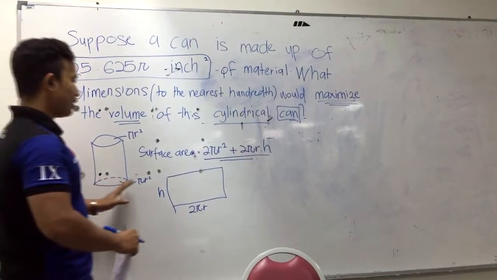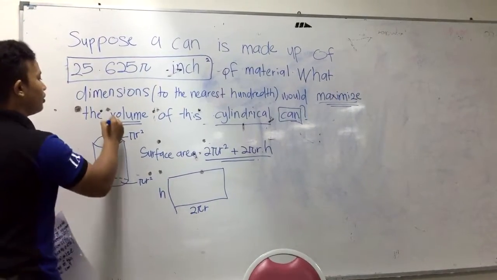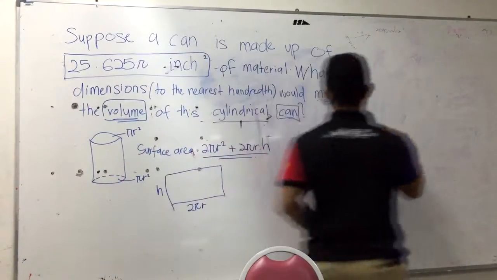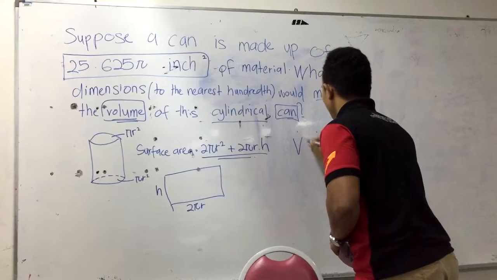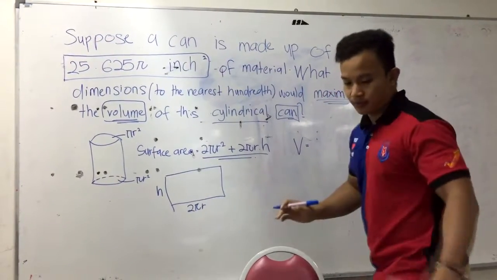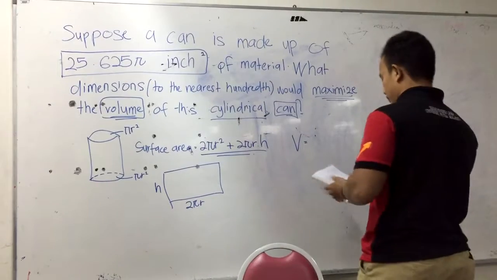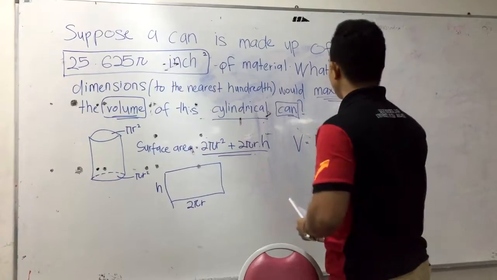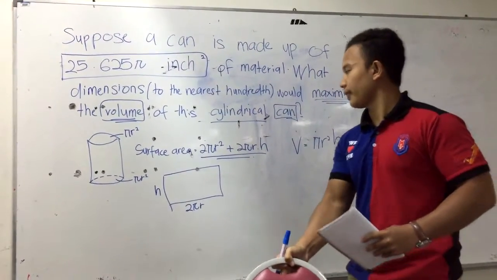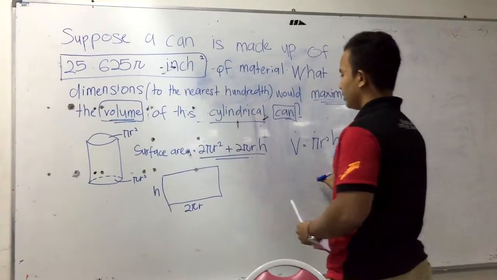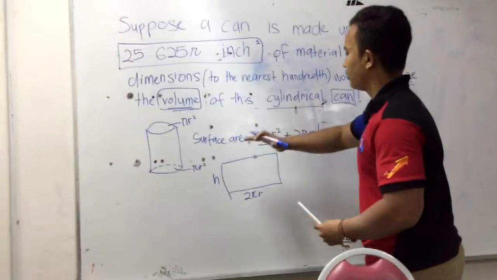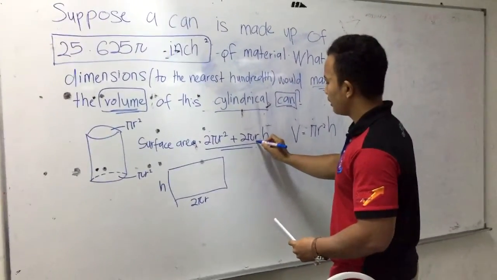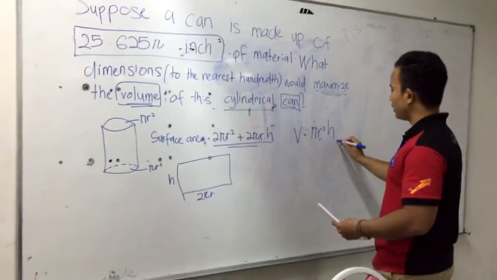So next, we want to know the volume. The formula for volume is volume equals pi r squared h. From these formulas, we cannot differentiate the surface area or the volume, because we have two unknowns, r and h.